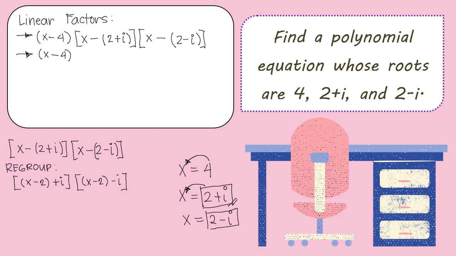So if you can identify, look at here, x minus 2, it's a group already, plus i, and another group minus i.